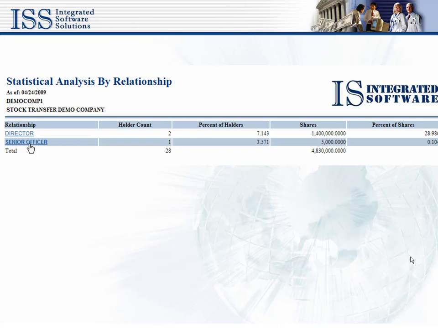However you have your shareholders coded and any relationships, by drilling down you can go even further to see the associative family relationships tied to these particular accounts. But for the actual relationships stored for that company, you will see the relationship, how many holders meet that requirement, and the percentage of the actual holders and the number of shares.